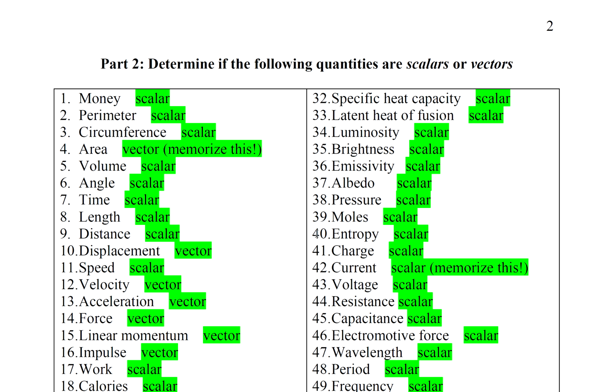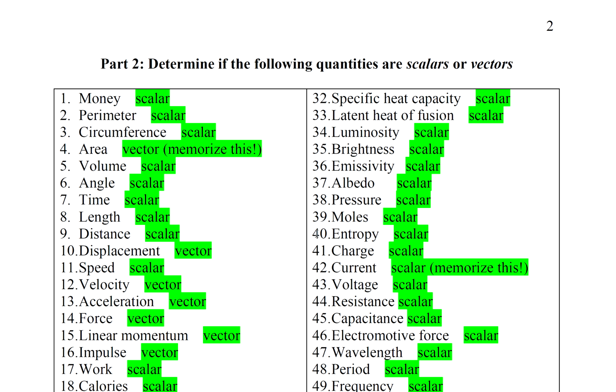Question 2, the perimeter, which is a distance around a closed object, is a scalar. You never say the perimeter of the circle is 5 meters east. Question 3, circumference, that's the distance around a circle. It's a scalar. It's just a number. You never say the circumference of a circle is 25 centimeters north.